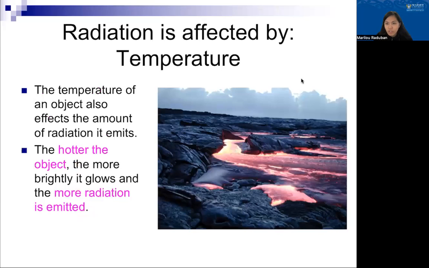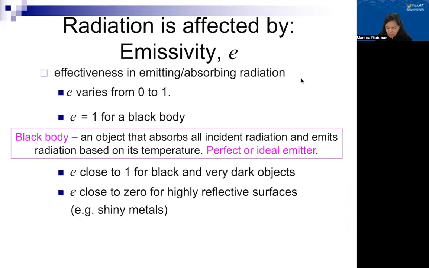So there's a question there, any examples for emissivity equal to 0? Silver will be a good example. You know how one of the things they say you should have in your first aid kit is a thermal blanket.